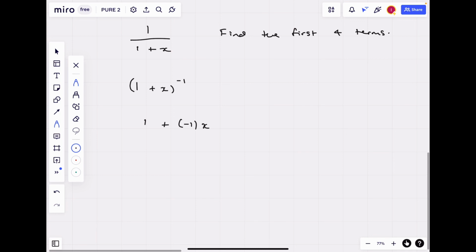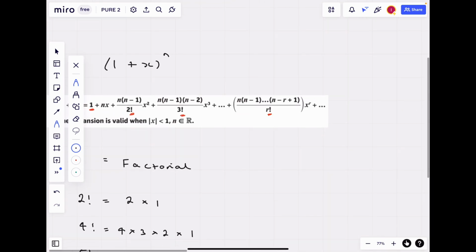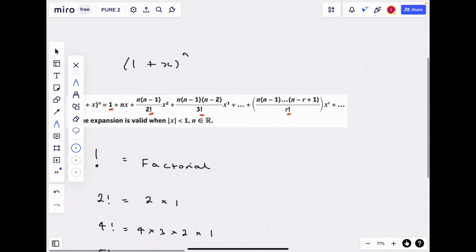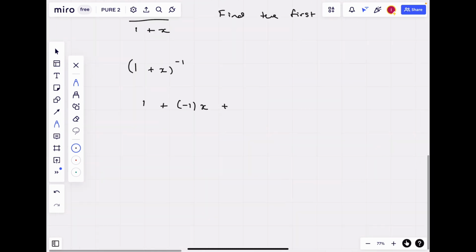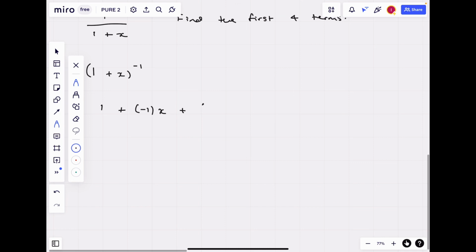Okay, plus, and then the third term. The third term is going to be n times n minus 1 all over 2 factorial, and then it's going to be x squared.